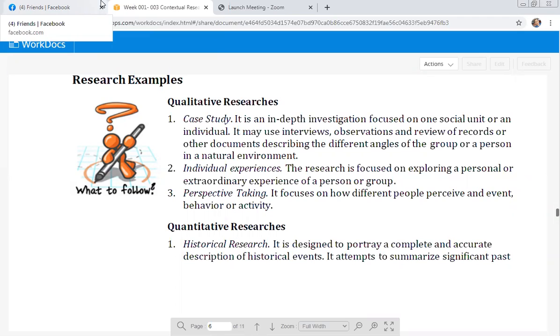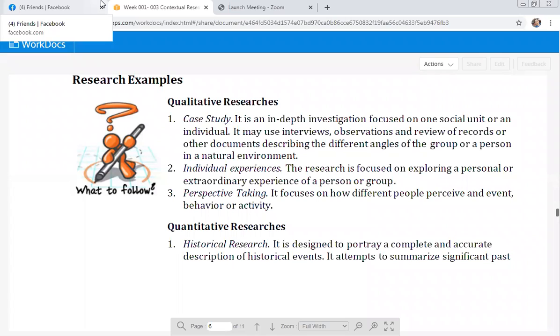For example, Kantar, AC Nielsen, ano pa ba, Social Weather Stations, di ba sila yung nagme-measure ng ratings, kung sino yung malakas. Tapos this information is sent to this research body for them to come up with the rankings, 'di ba?